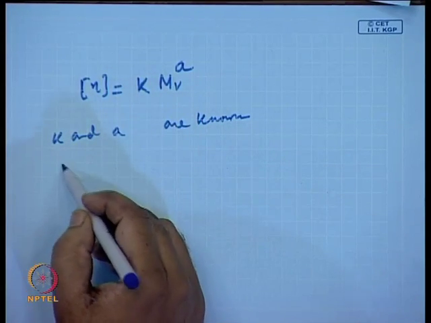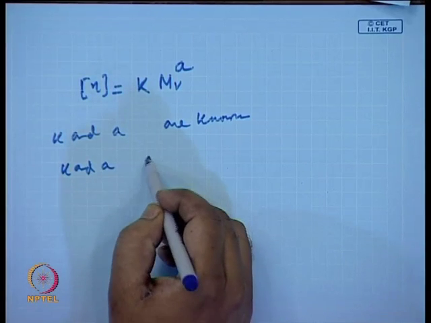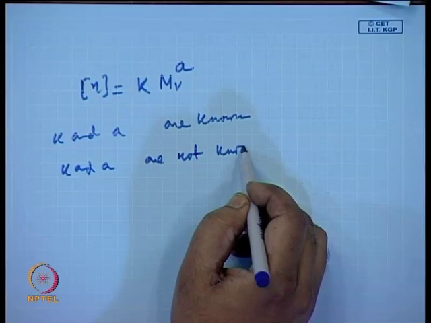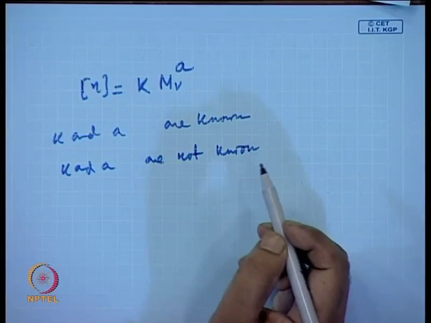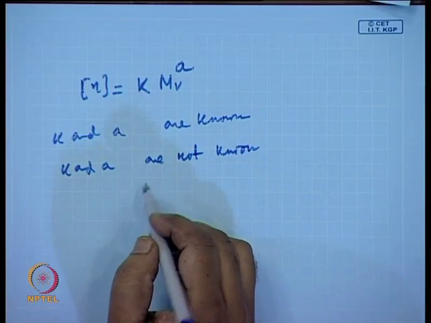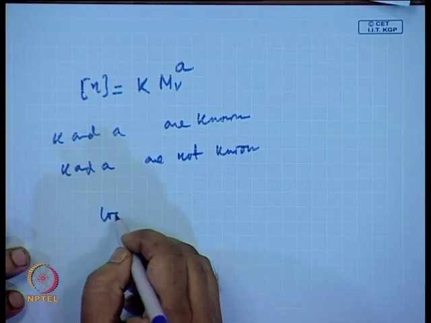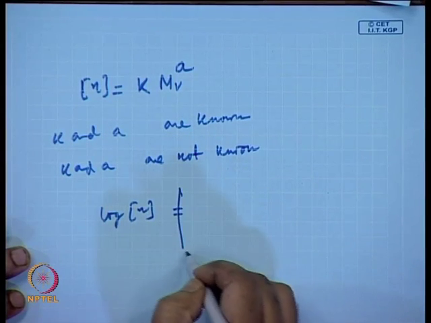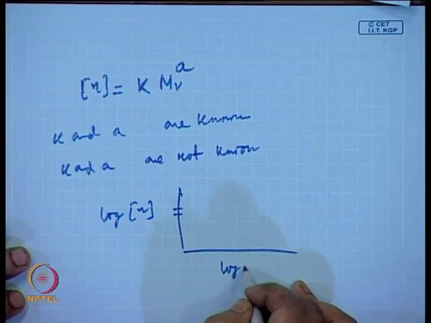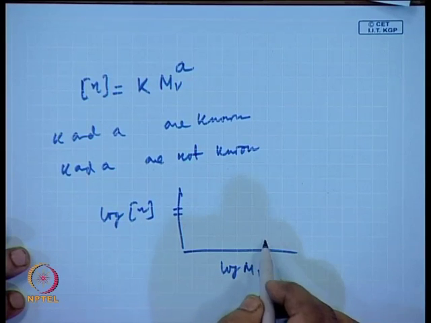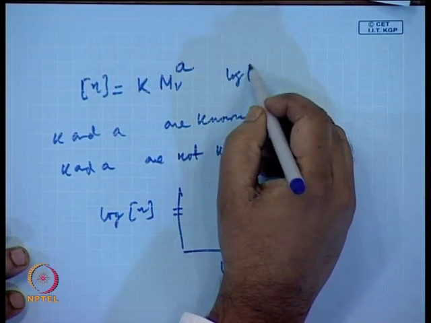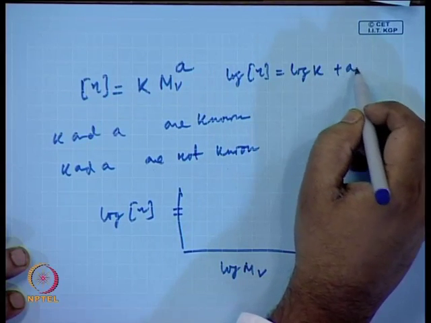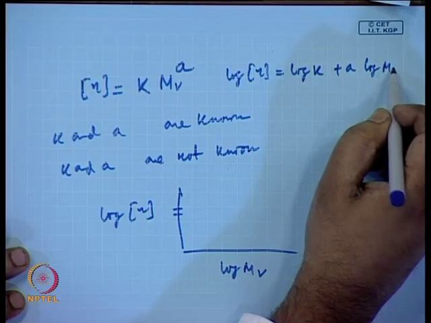What happens if K and a are not known? Then you take log of intrinsic viscosity and plot it with log M_v: log eta is equal to log K plus a log M_v.